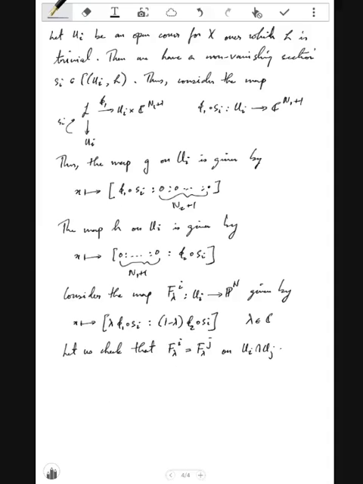So the sections s_i and s_j satisfy s_j(x) is equal to psi_ij(x) s_i(x), where psi_ij are smooth maps from U_ij to C star.